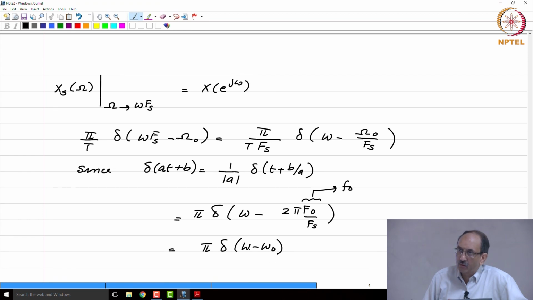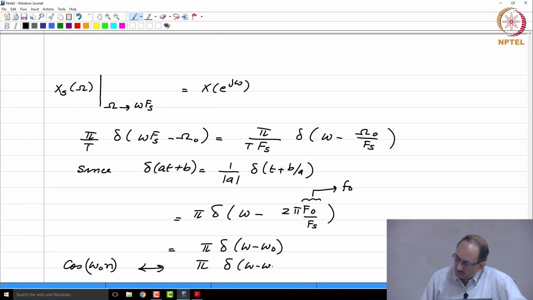Similarly, the second term will turn out to be pi times delta little omega plus little omega naught, and hence we get the familiar DTFT pair. Cos omega naught n is nothing but pi times delta omega minus omega naught plus delta omega plus omega naught. So, what the theory that was worked out for the general case has been illustrated for this specific example.